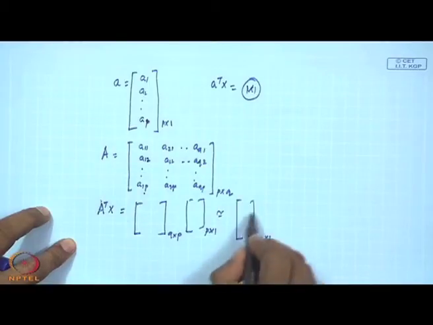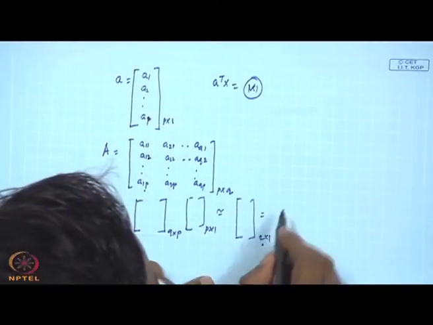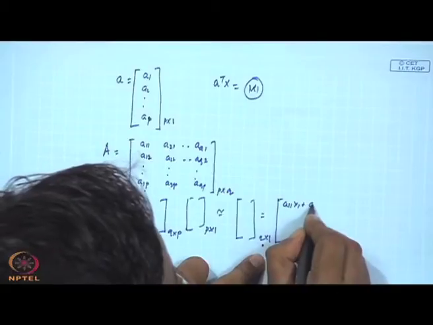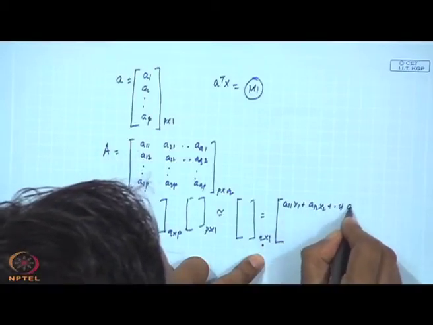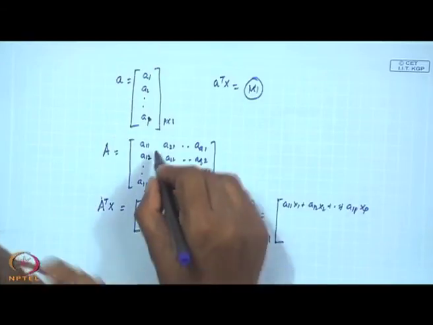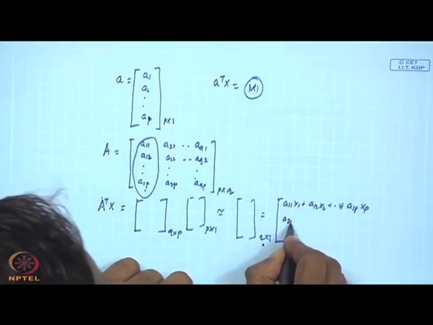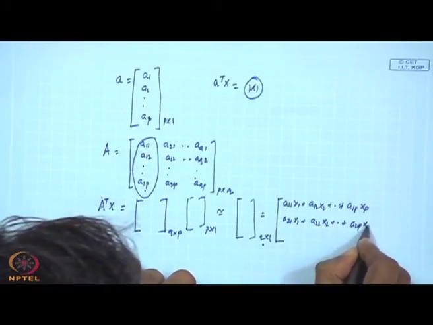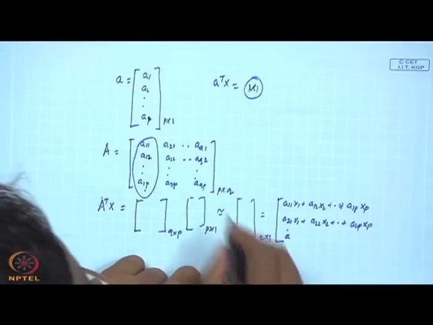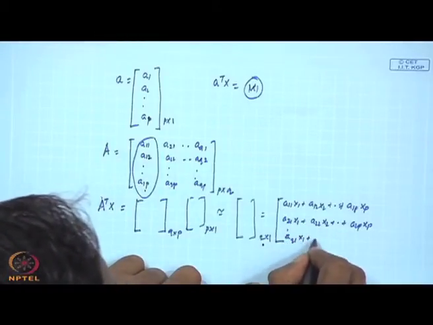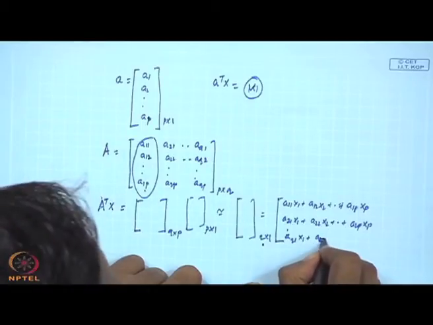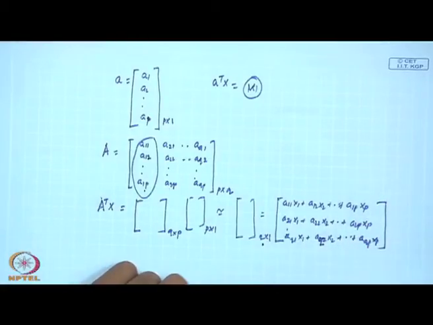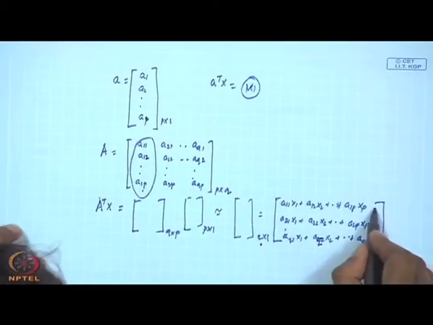So, q cross 1 means you are ultimately creating a1 1 x 1, a1 2 x 2, up to a1 p x p, for this a2 1 x 1 plus a2 2 x 2 plus a2 p x p, and so on up to aq1 x1, aq2 x2 plus aqp xp.